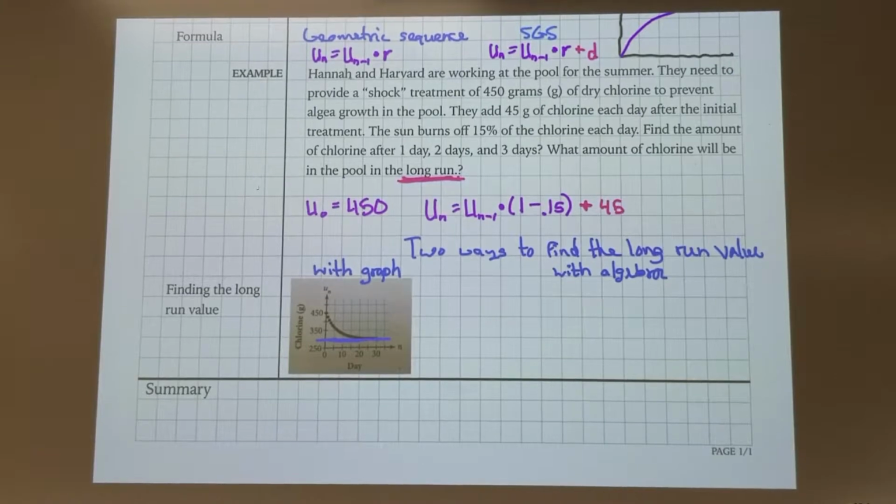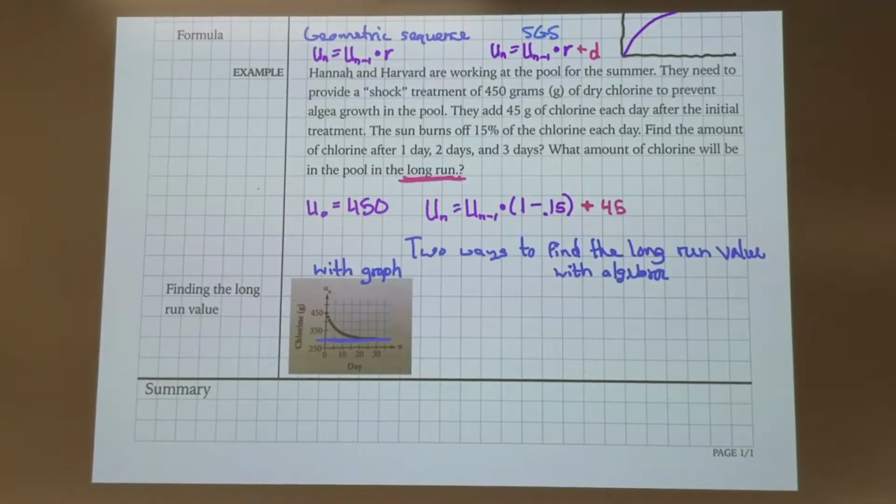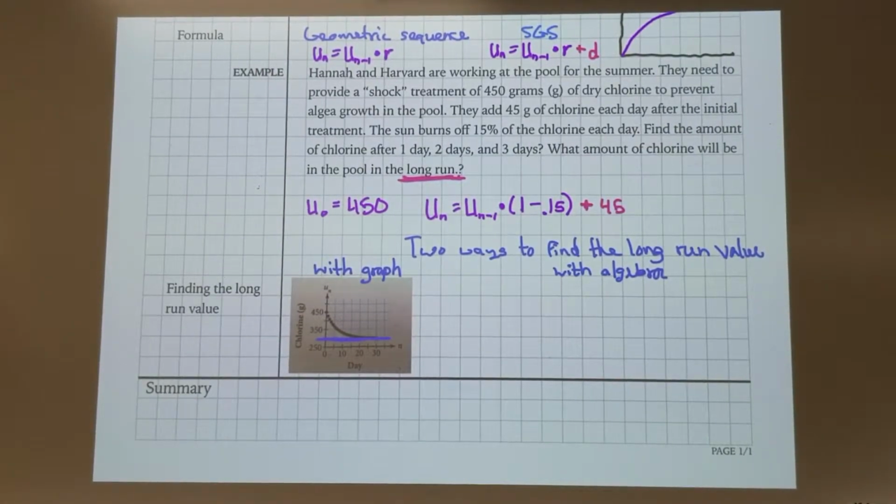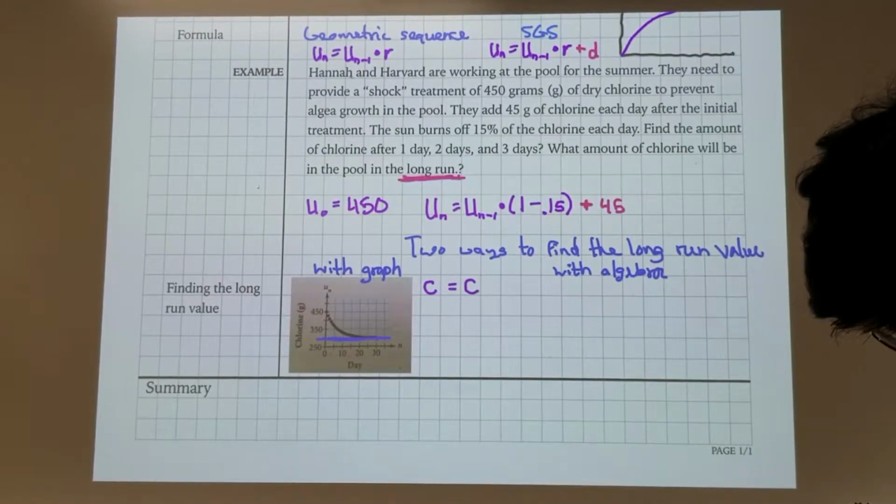Well, I'm going to replace u sub n and u sub n minus 1 with the same variable, because I'm saying, when will these two things be the same? So let's make them fictionally the same. I'll show you. Instead of u sub n, I'm just going to use c. Instead of u sub n minus 1, I'm also going to use c.